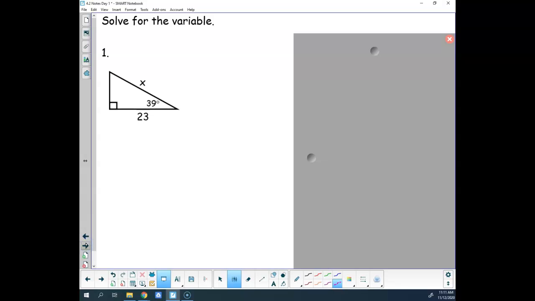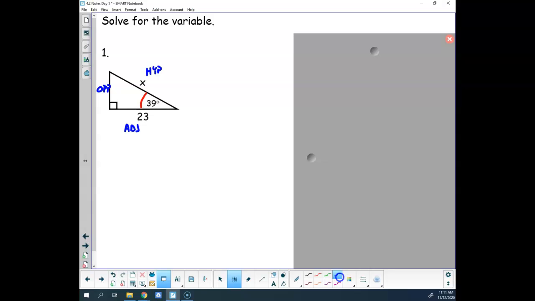So we need to solve for the variable. Well, we first have to identify what we have. So here is my angle. That's the angle that I have. The opposite side would be across the triangle from it. The adjacent side would be touching the angle, right next to it. And the hypotenuse would be across the triangle from the right angle, the longest side.